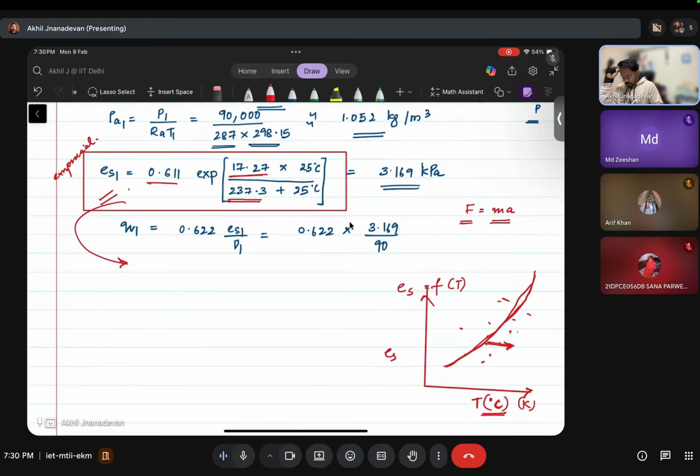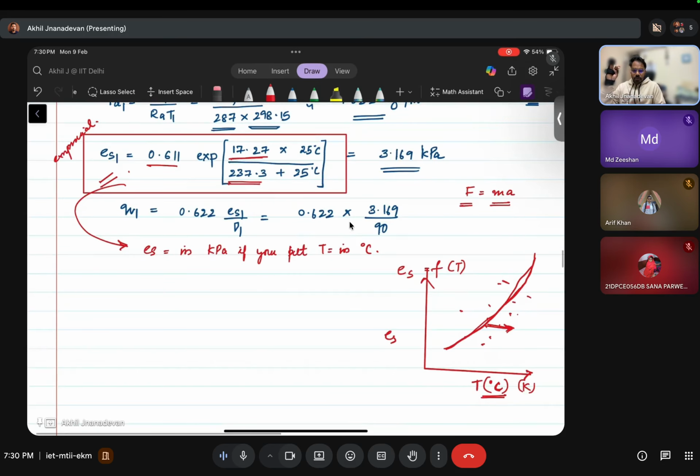We will get ES in kilopascal if we put temperature in degree Celsius. This statement will also come along with this equation. That's why we cannot put it in Kelvin. This is an empirical equation.